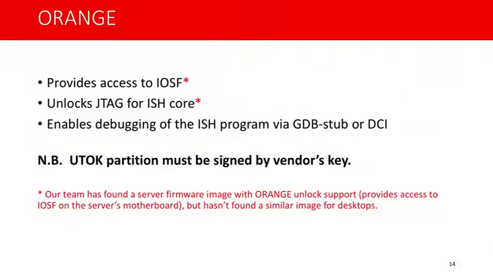There are two types of unlock. Orange means that vendors may use JTAG debugging for ICH, for example, and the UTOC partition for orange unlock must be signed by the vendor's key. This key is stored in FPF fuses.